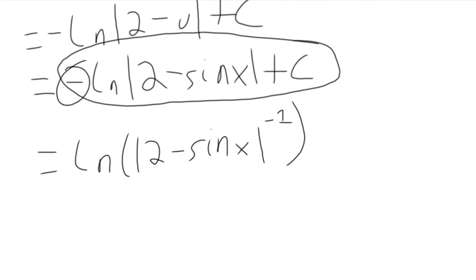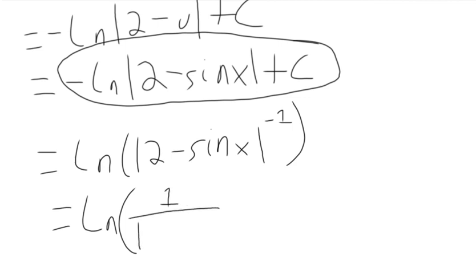Again, I just took this -1 from the front and made it the exponent for the inside by the log property. Now, when you have something raised to the -1 power, that's like saying the reciprocal of that. So I can write this as, well, not negative anymore, just natural log of 1 over absolute value of 2 minus sine of x.